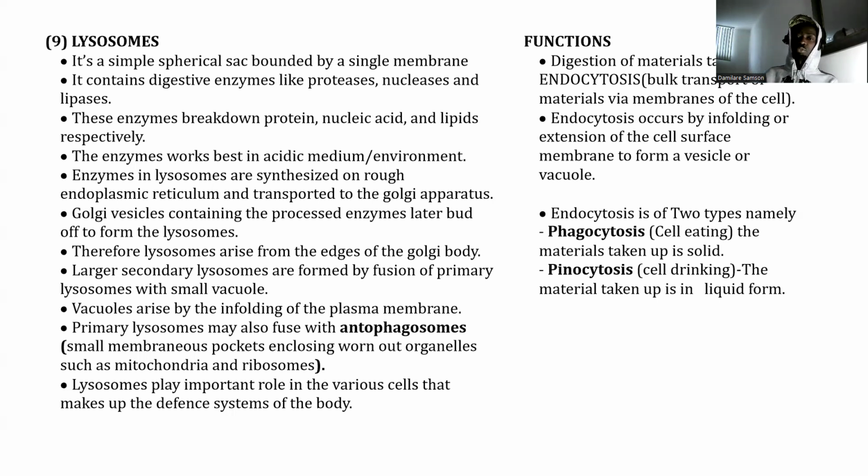Please try to know the difference between phagocytosis and pinocytosis. Phagocytosis is eating of the cell, and pinocytosis is drinking of the cell. To differentiate them, phago deals with solid material, and pino deals with liquid material.